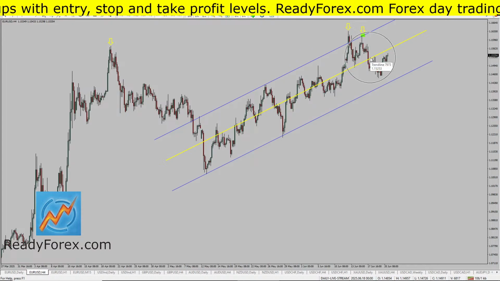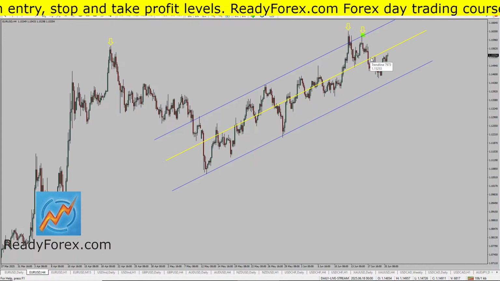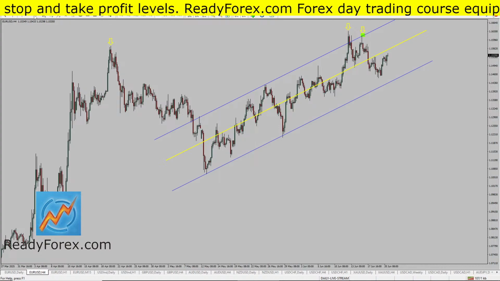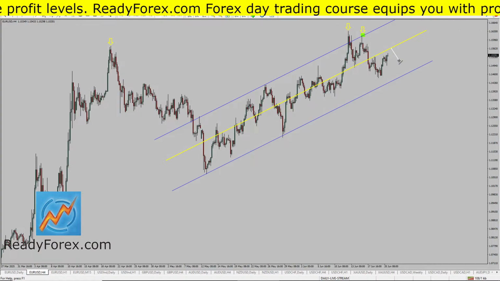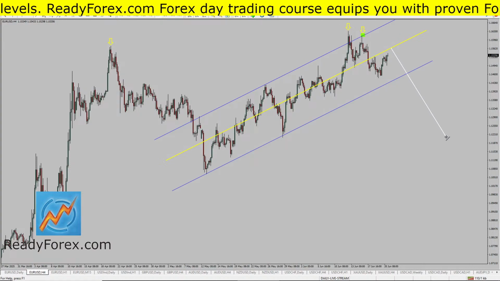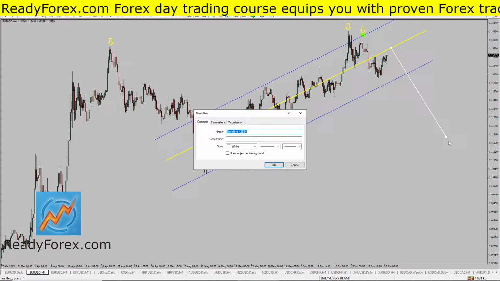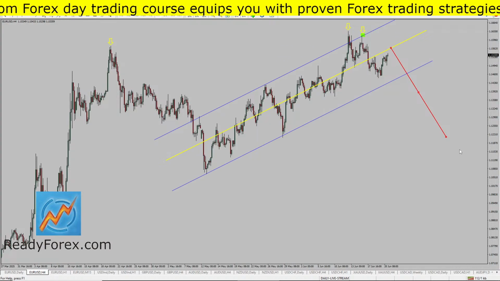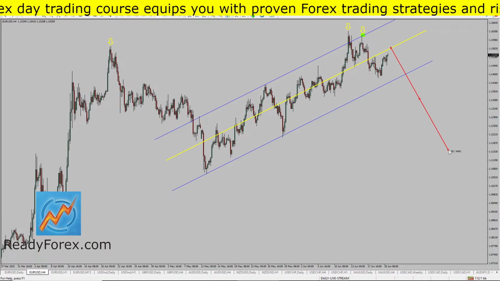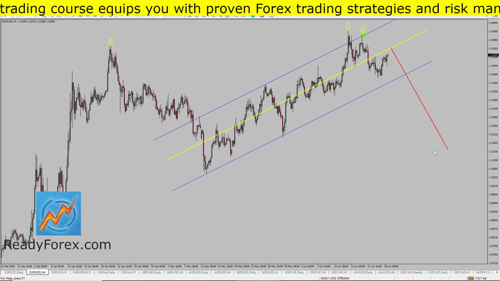It's quite possible that price action is going to test this yellow color trend line, and then it's highly likely that there will be a drop in price action of the euro pair.